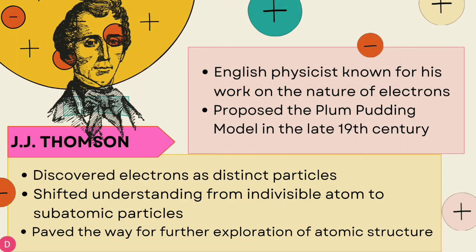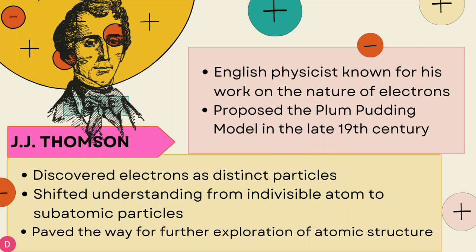J. J. Thomson, an English physicist known for his work on the nature of electrons, proposed the plum pudding model in the late 19th century. Main points of J. J. Thomson's theory.